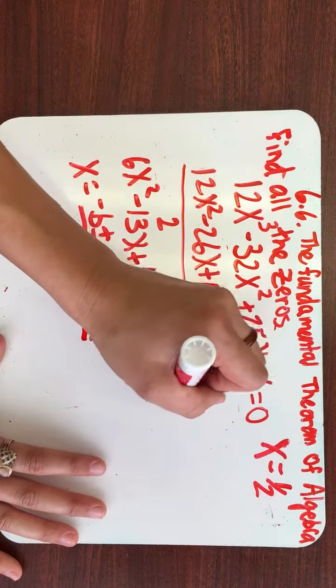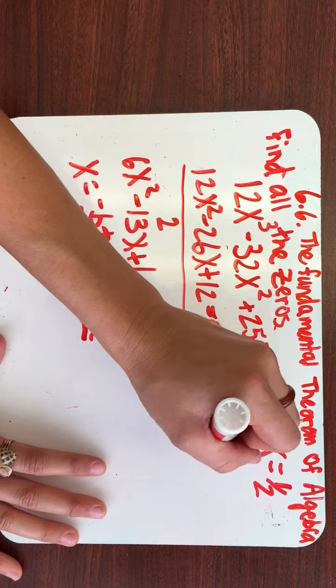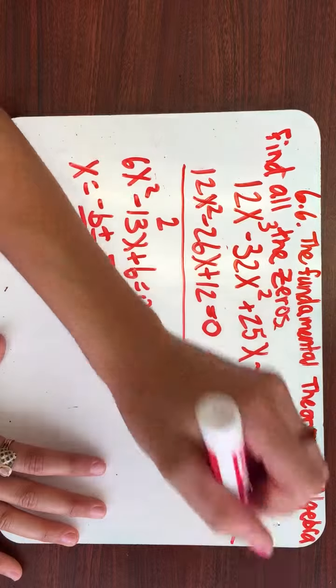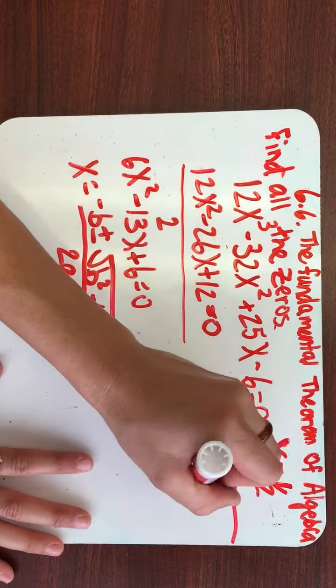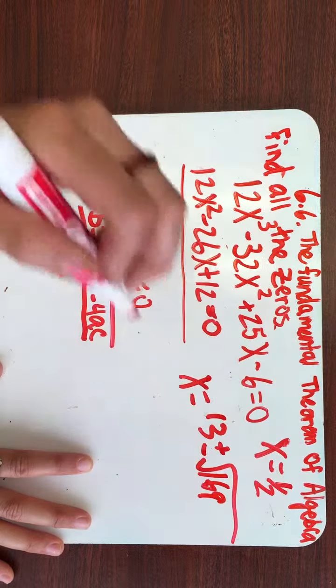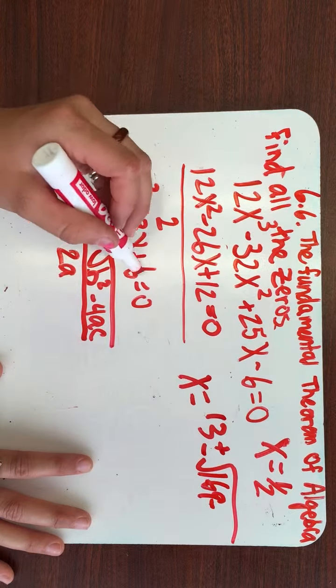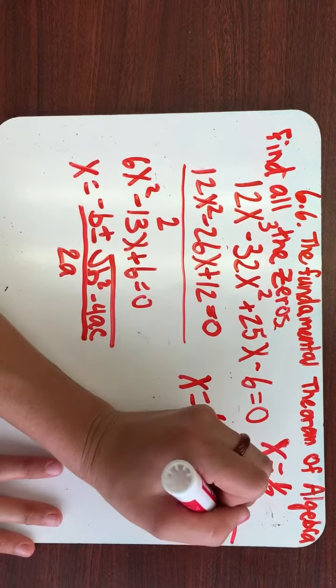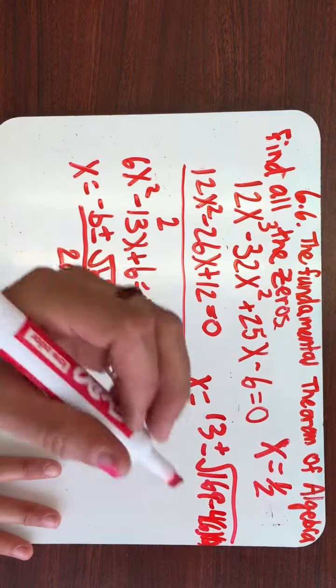Okay, so we'll plug that in. We have x equals negative 13 is 13. Plus or minus, we'll plug that in. And we'll go 13 squared is a 169. Minus 4 times a times c. So 4 times 6 times 6.